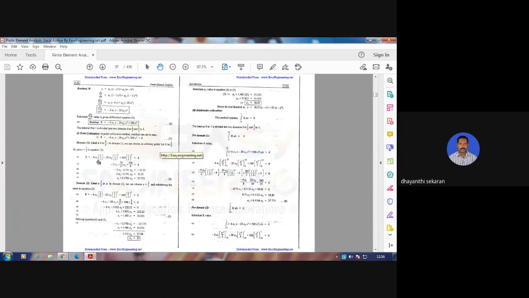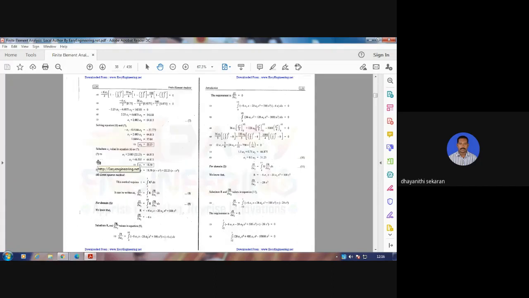Minus 6a1x minus 20a2 x cube plus 500 x squared dx. So we need to integrate minus 6a1 x squared by 2, 1 by 2 to 1, minus 20a2 x power 4 by 4, 1 by 2 to 1, plus 500 x cube by 3, 1 by 2 to 1, equal to 0. So we'll get the equation a1 plus 2.083 a2 equal to 64.813.